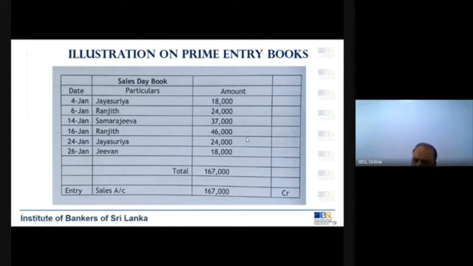I don't have the quantity, unit cost, all those details. So I don't need to maintain all those. So you record all the transactions during the month with the names of your debtors, and the amount. Then you have the total here. I'll come to that, what you do with the totals.